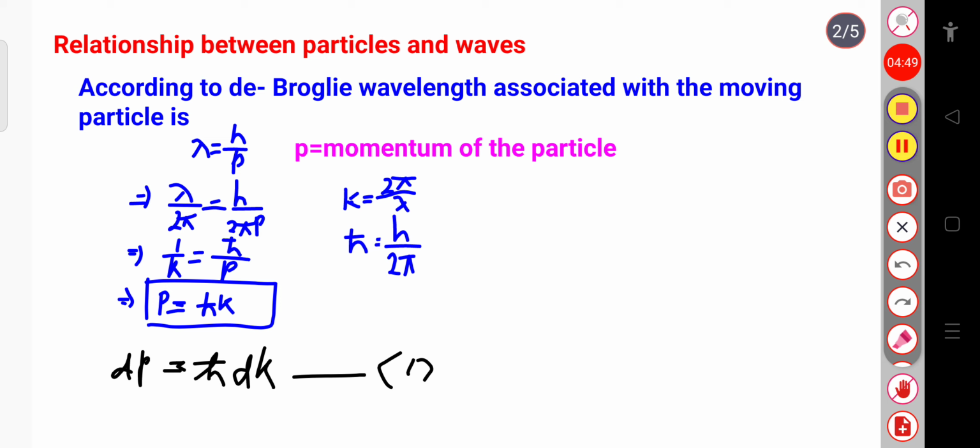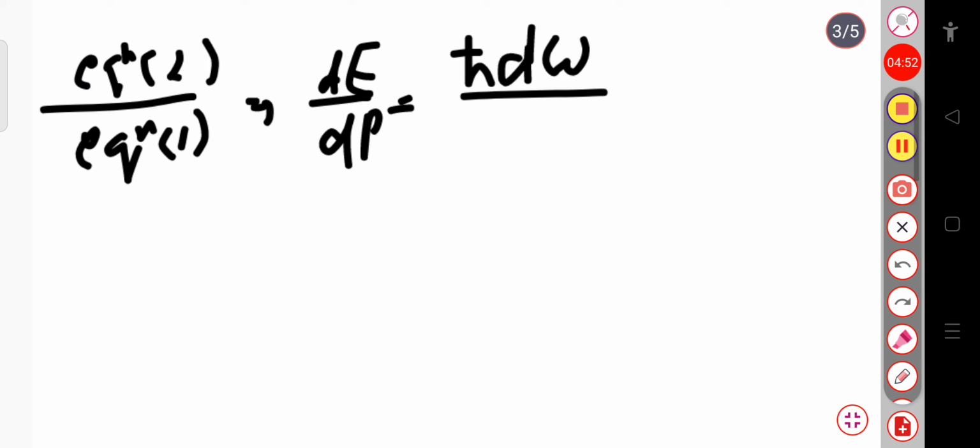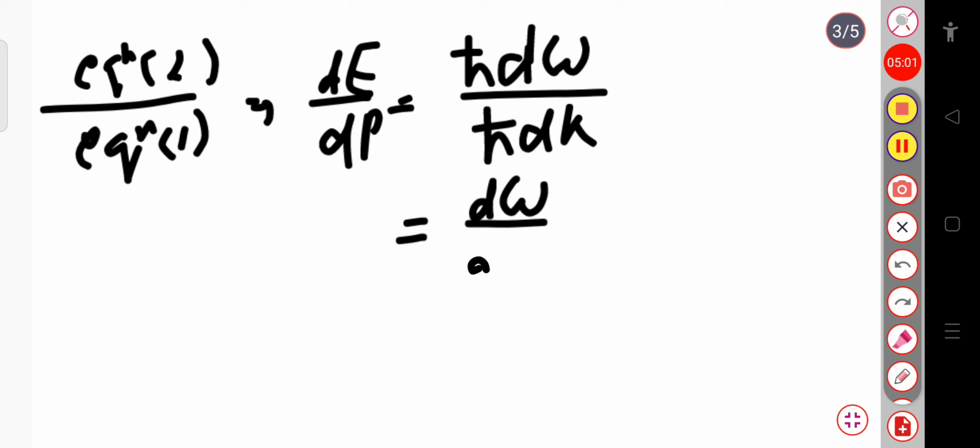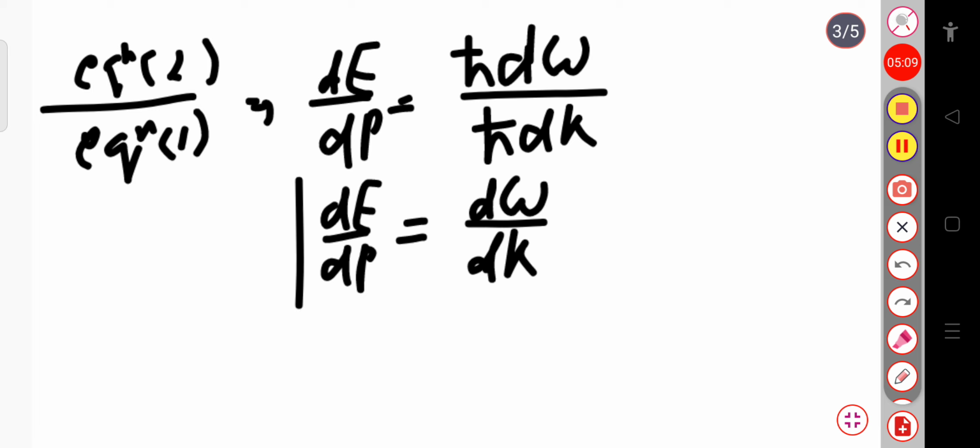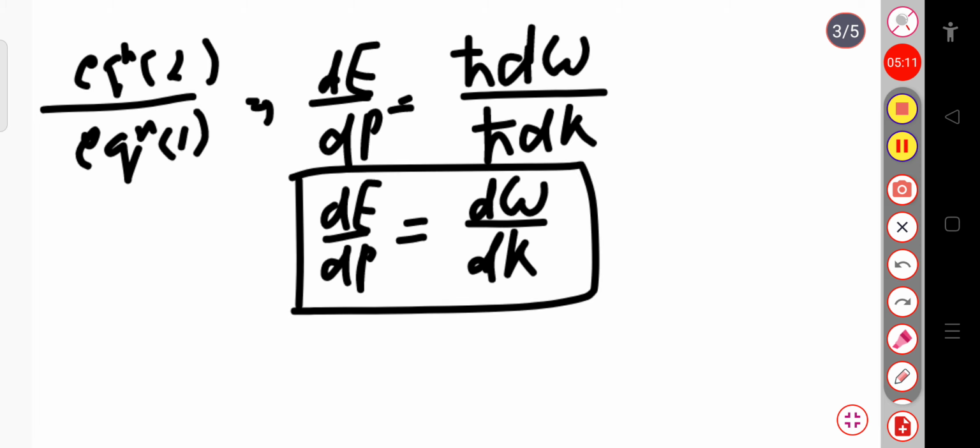So the h cut gets cancelled, and dE by dp will be equal to d omega by dk. This d omega by dk is nothing but the group velocity, Vg. So the group velocity can be written as dE by dp, which is equal to d omega by dk.